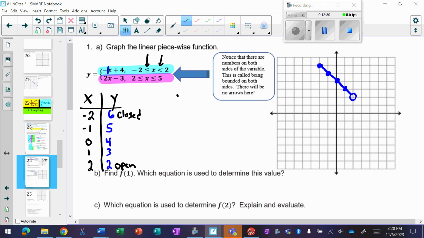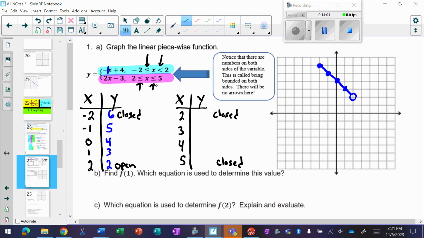Now we're going to go through the same process with the other piece, the right side of our graph. This graph will be graphed from positive 2, including positive 2, up to positive 5. So from 2, 3, 4, stopping at 5. Closed circle around the 2 because it can be equal, and a closed circle around the 5 because it can be equal again.